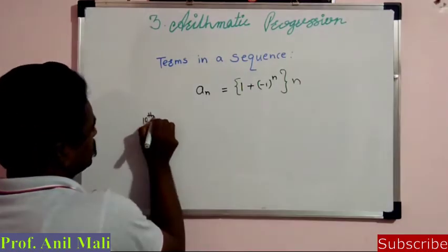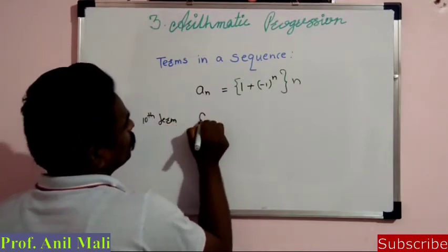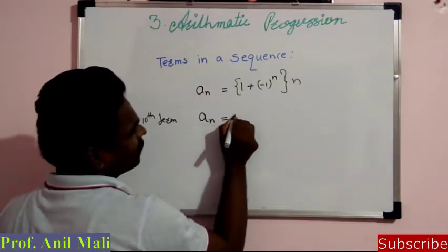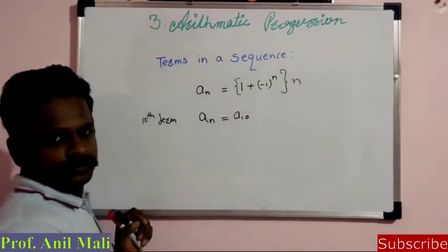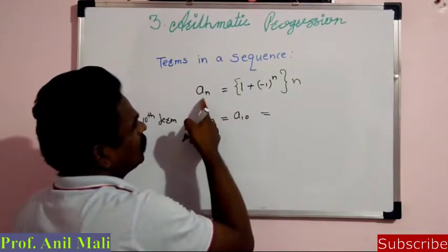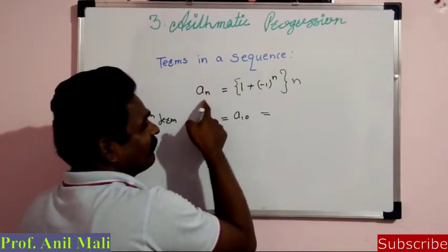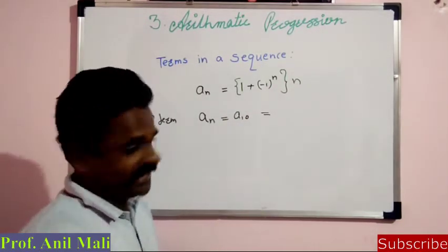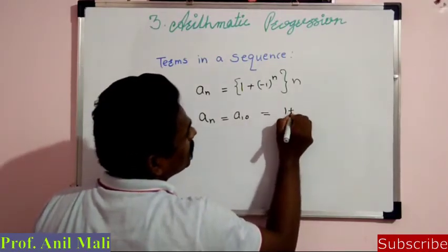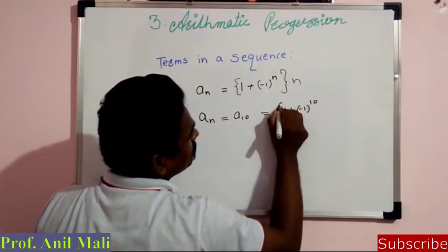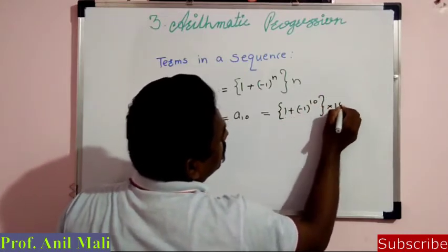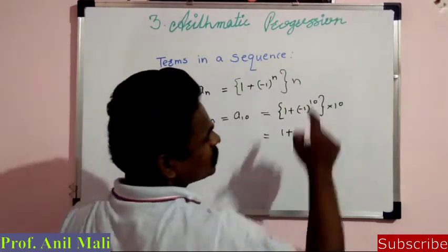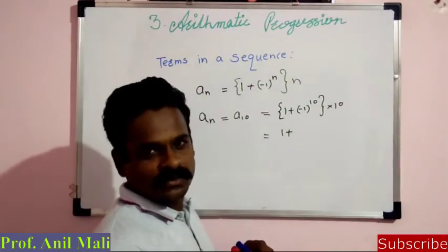We will put n equal to 10. That means a10 equals, wherever n is there, we simply substitute n by 10. So a10 is equal to 1 plus (minus 1) raised to 10, into 10. Now what is the answer of minus 1 raised to 10?